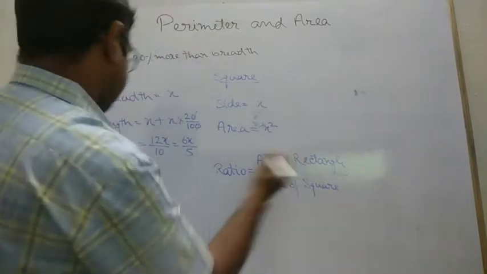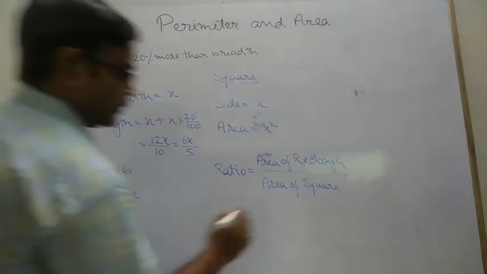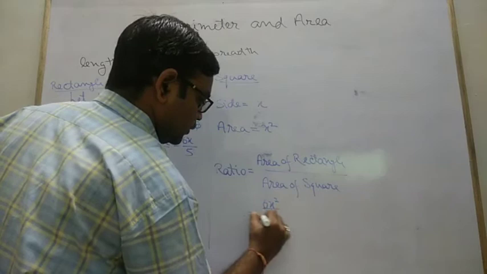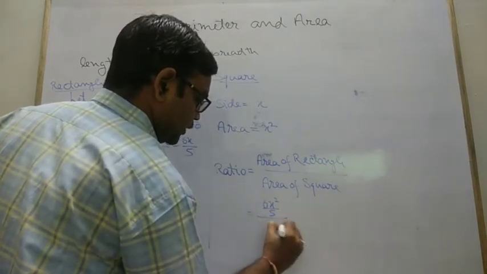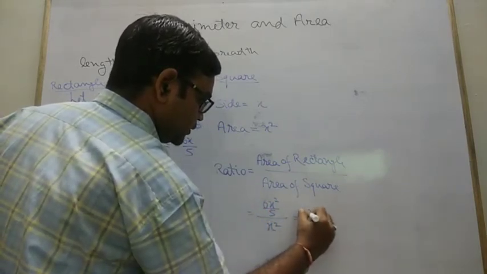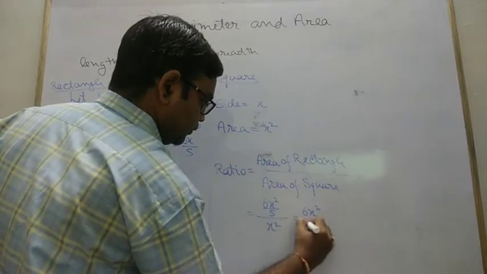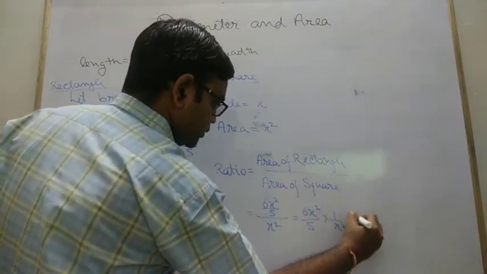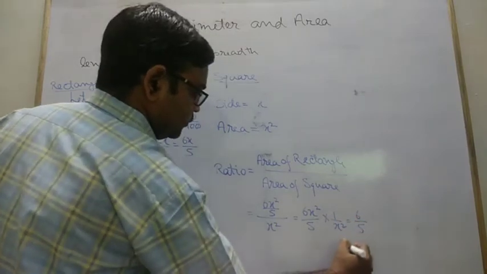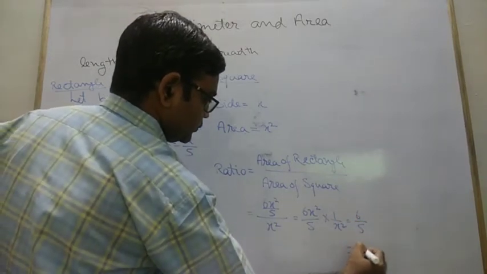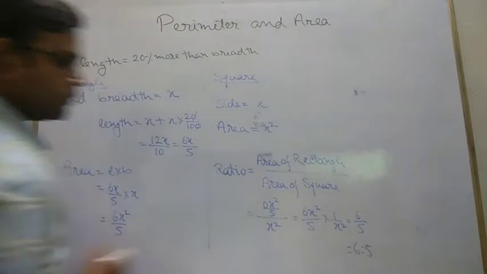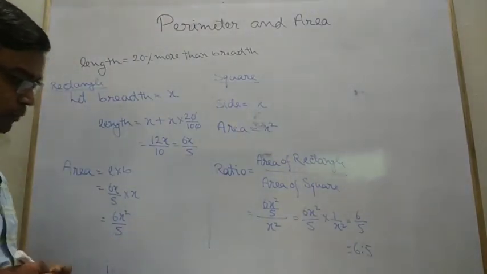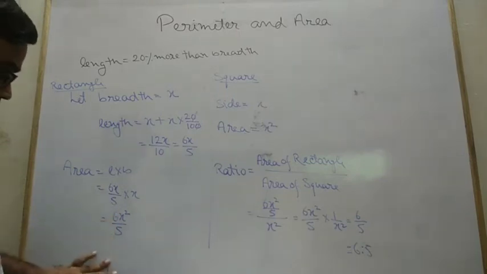Area of rectangle is 6x square upon 5 whole upon x square. When you simplify, 6x square upon 5, this will be x square. So ratio is 6 upon 5 or 6:5. This is your solution of this question. Hope you are able to understand this one.